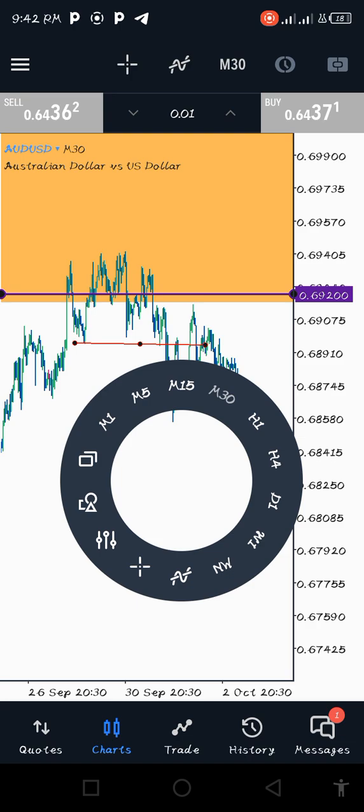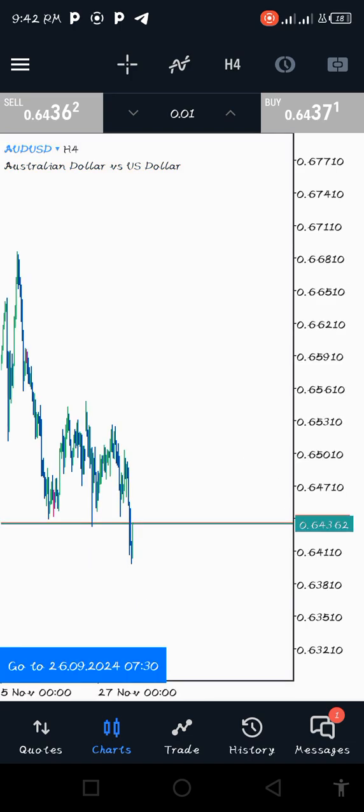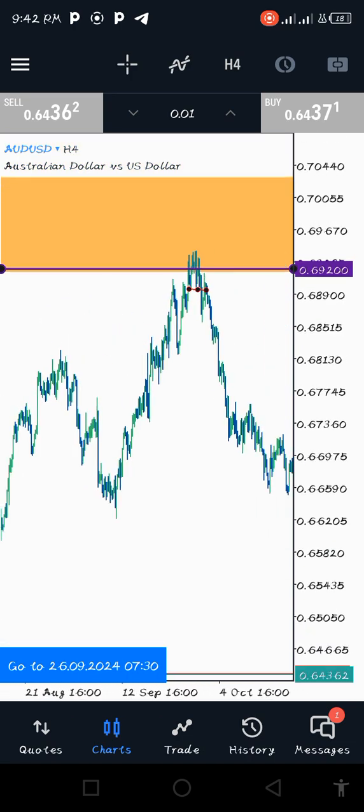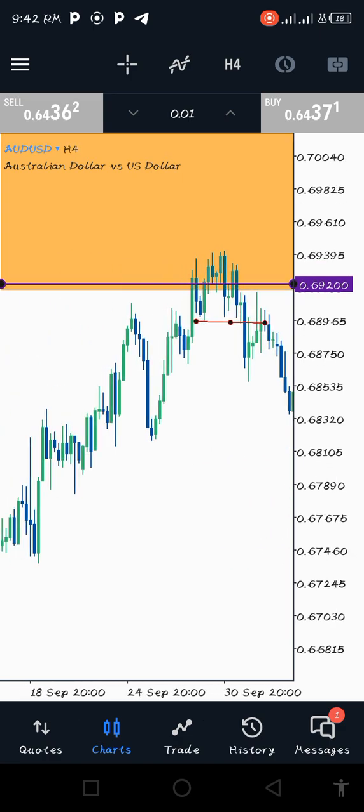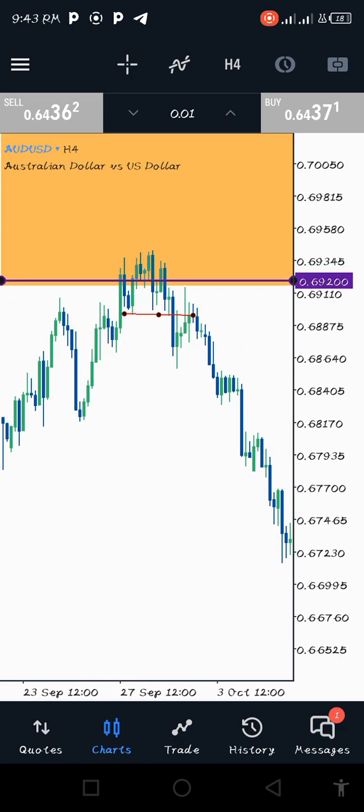So now we have seen that we have a change of character from that zone on the lower time frame because price is fractal. Since price is fractal, we have seen that there is a change in character in the 30-minute time frame. Now we go to the 4-hour time frame and draw where we expect to have our next selling opportunities from.